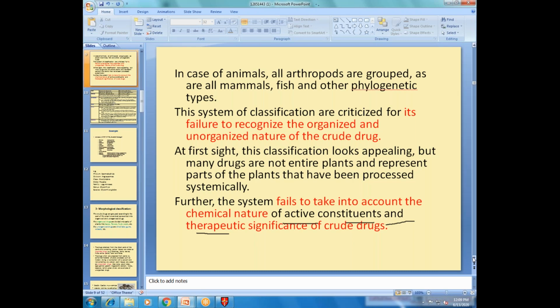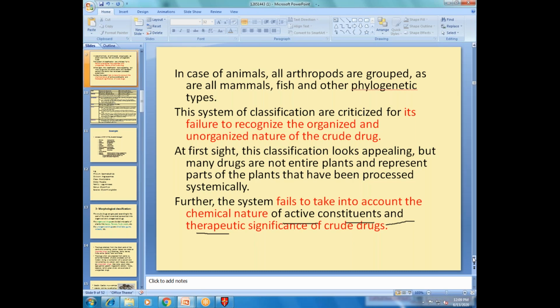Yes, we are grouping an entire plant into a family, but ultimately, when you take a biological source, it is a part of the plant that is being considered, not the whole tree. Now, I classify the neem tree under one family, but I will take only neem leaves, or neem bark, or neem fruit.